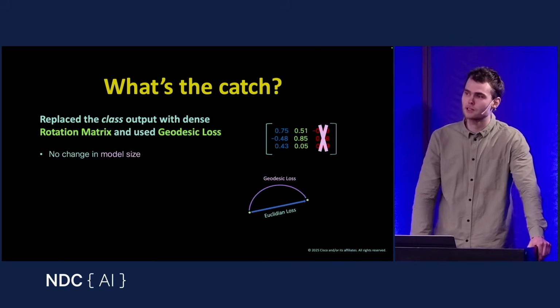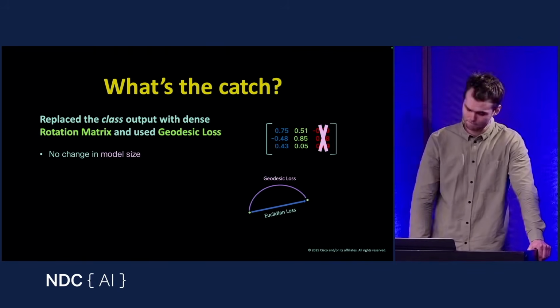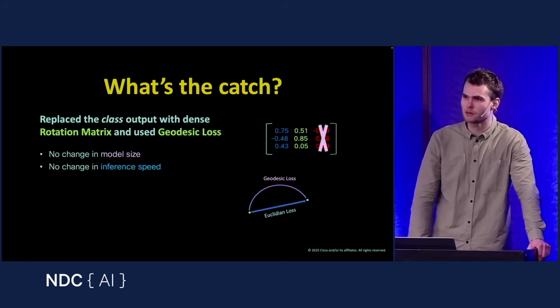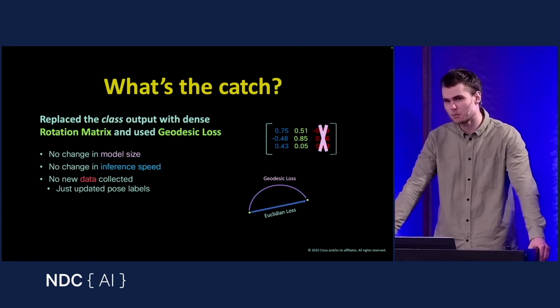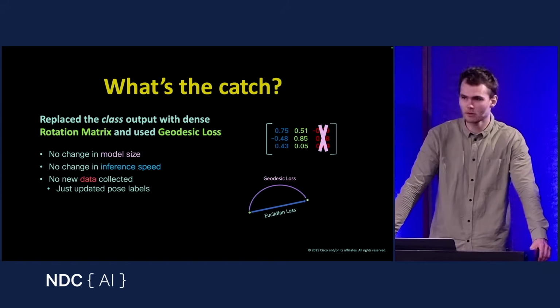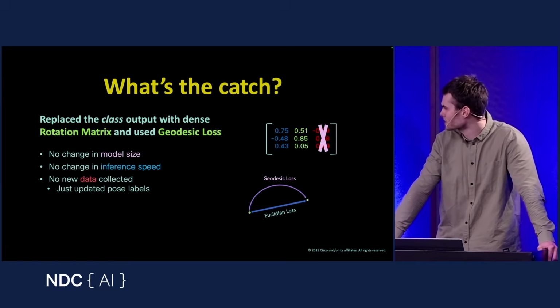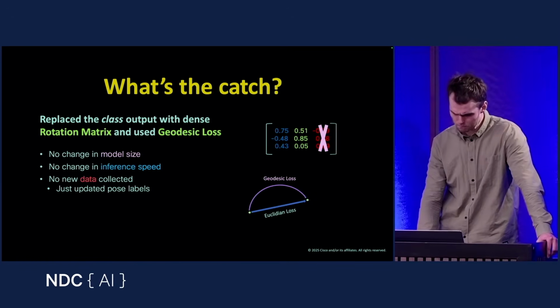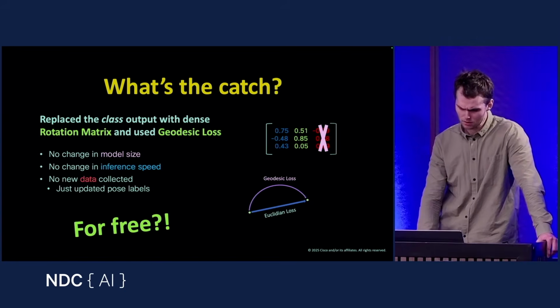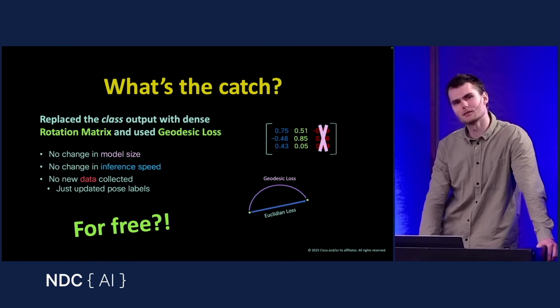We hadn't changed the model size at all. That means there was no change in inference speed at all. We hadn't collected any new data. We just updated our existing data set with a better representation of pose, this continuous one. And we hadn't changed the way we trained. So, did we get this for free?